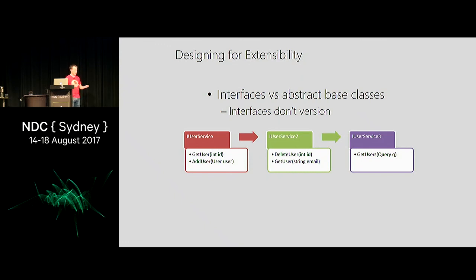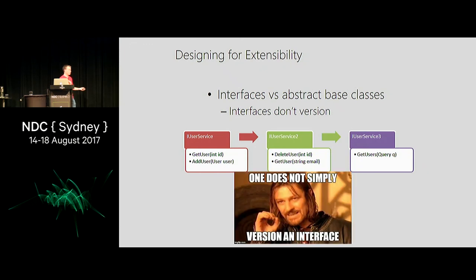And if someone then tries to call DeleteUser on a class which doesn't have it, you'll get a missing method exception. So the way to get around this is you have IUserService, then IUserService2, which implements IUserService, then IUserService3, which implements the previous two. And then people at runtime can interrogate these types to discover exactly what interface it implements, and then work out exactly the behavior at that point.